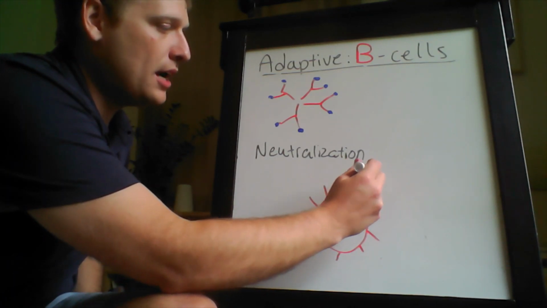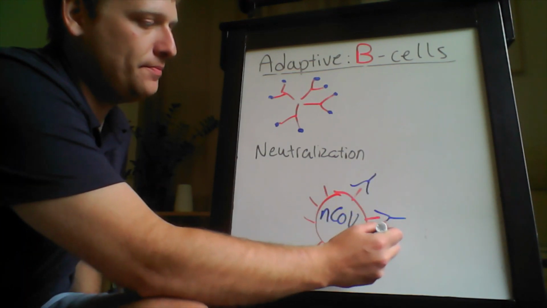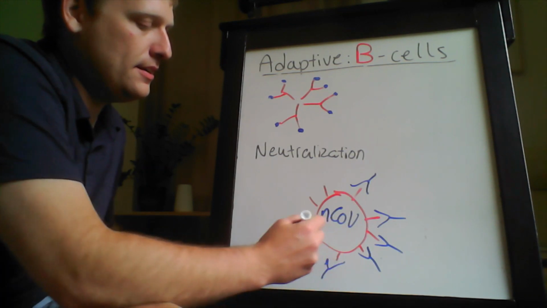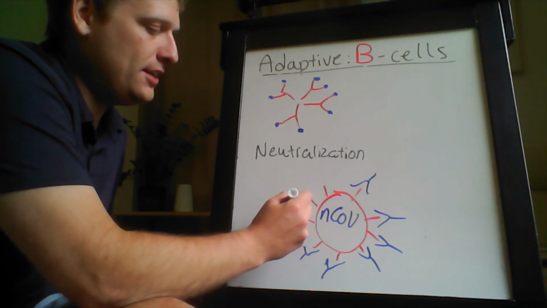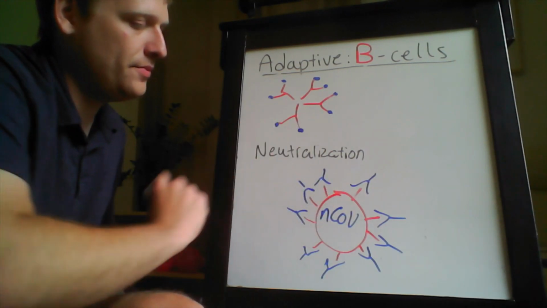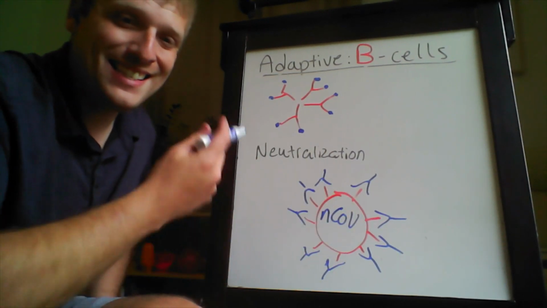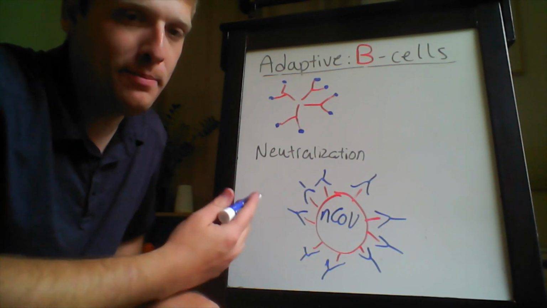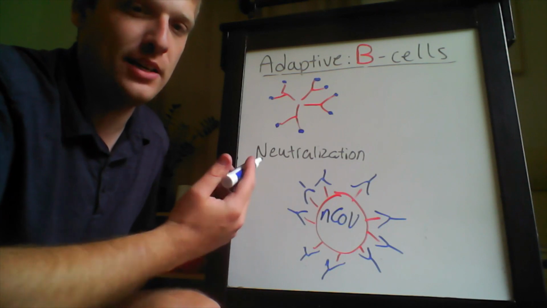So by blocking those spike proteins, if antibodies recognize that antigen, if the antigen in this case is the spike proteins, antibodies can stick to the antigen and effectively block whatever purpose it has, which in this case is entering cells.